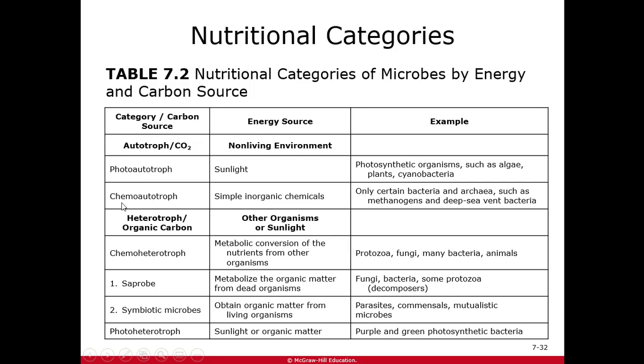A chemoheterotroph gets its carbon from organic compounds, and it gets its energy from breaking down chemical compounds. So we can group organisms based on those two things, their energy source and their carbon source. Most of the organisms that affect us aren't doing photosynthesis. Most of the organisms that affect us are chemoheterotrophs, where they feed off organic molecules like us, and they get their energy from the breakdown of organic chemicals.